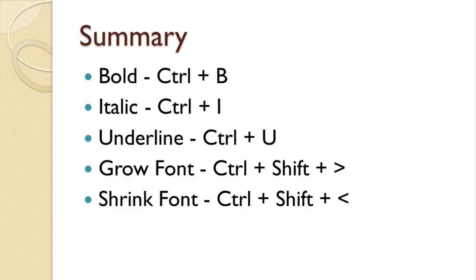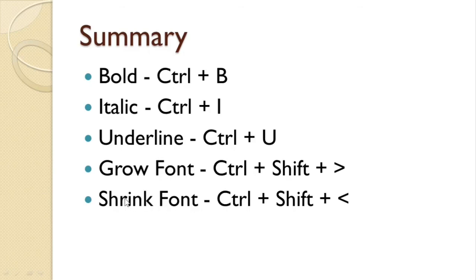Let's quickly summarize this. For bold, we can use the shortcut key Ctrl+B. For italic, we can use the shortcut key Ctrl+I. For underlining the text, we can use shortcut key Ctrl+U. Also, we can change the font type and font size. For grow font, that means increasing font, shortcut keys Ctrl+Shift plus greater than sign.